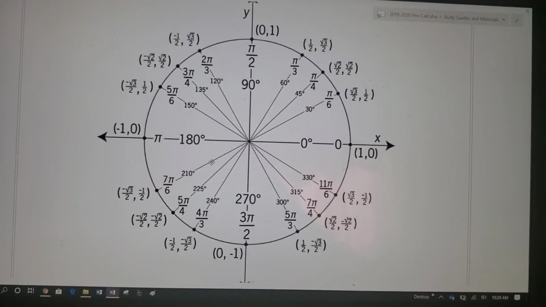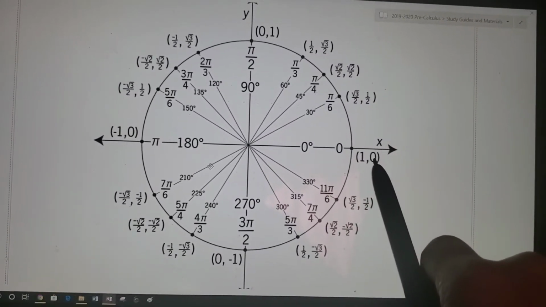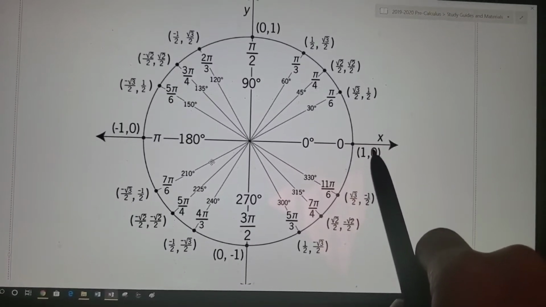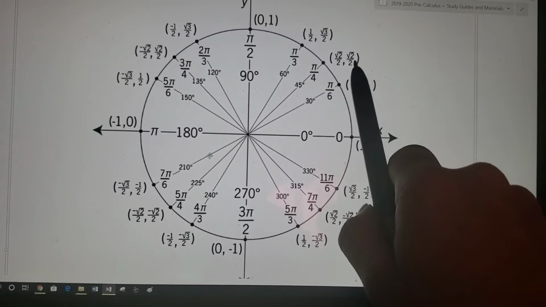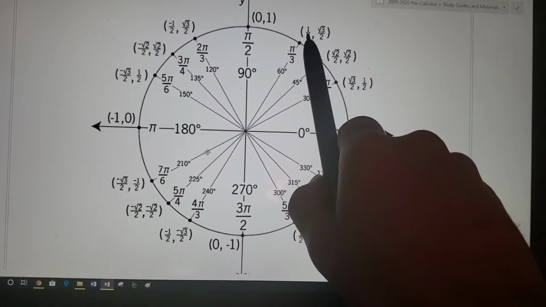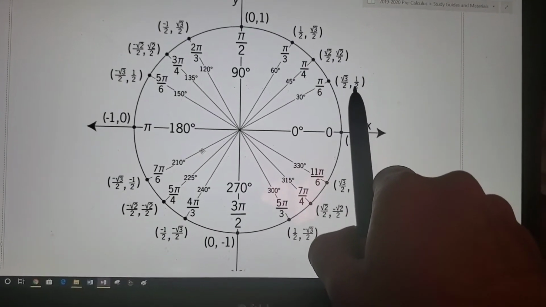Okay, sine is my y, so I'm looking for 1/2 to be the second value. There I have 1/2. Let's look for another 1/2 on the y value. I have 1/2 here, but this is on the x value. That would be cosine. So I'm looking for sine. So far I only have this one.